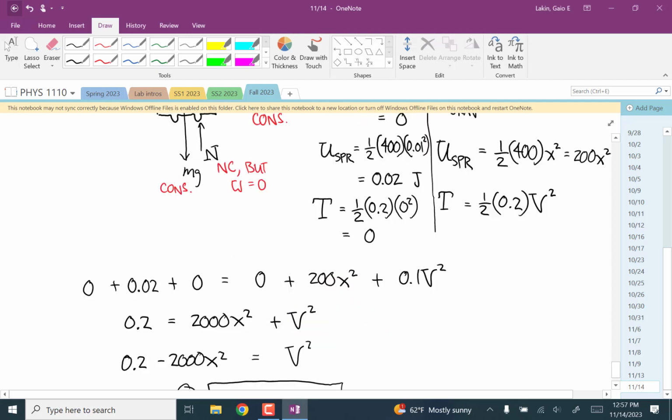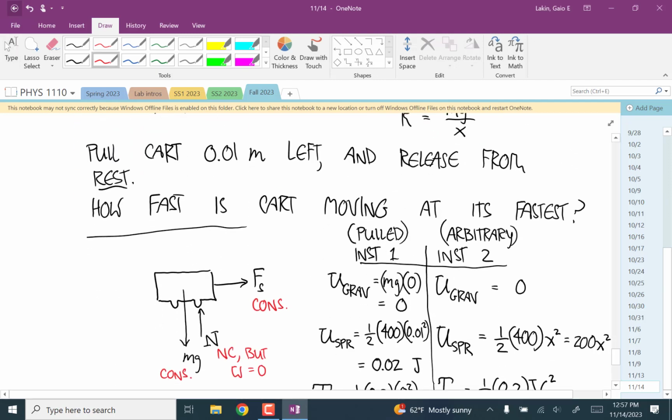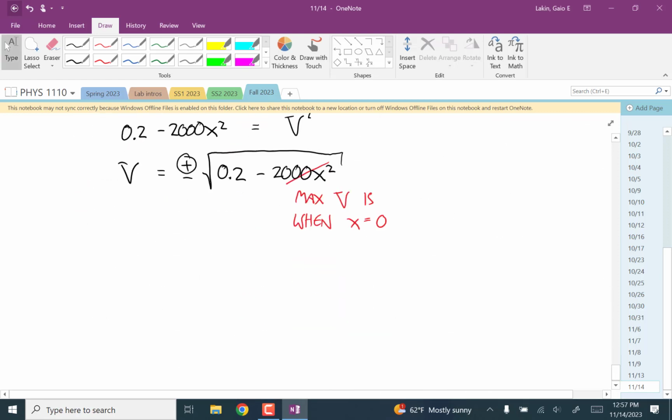Okay, and so since we're looking for how fast it's moving at its fastest, we can see now that its fastest is going to be when x is equal to 0.